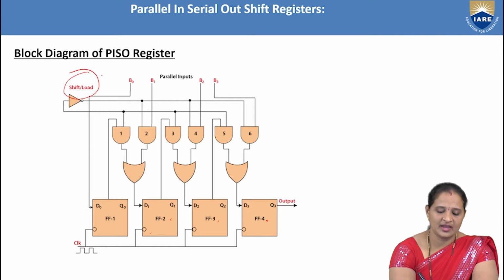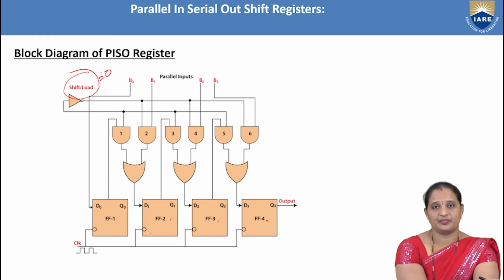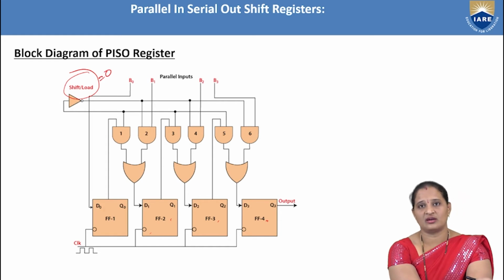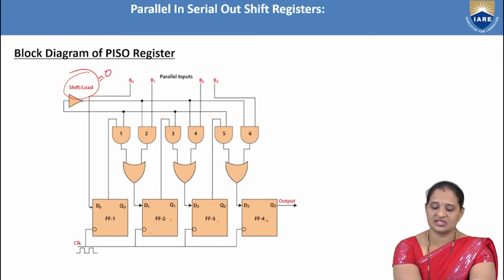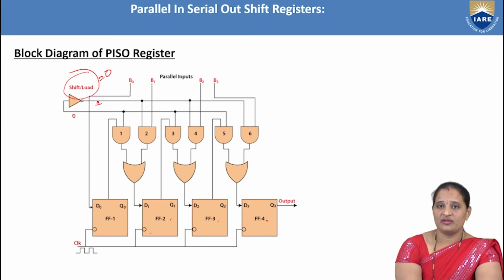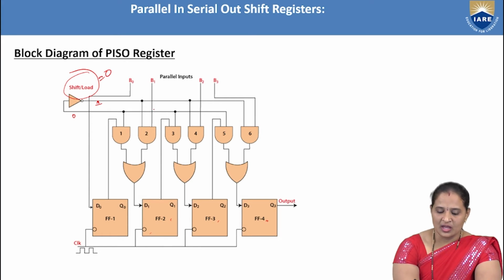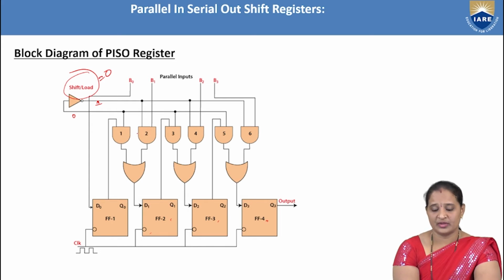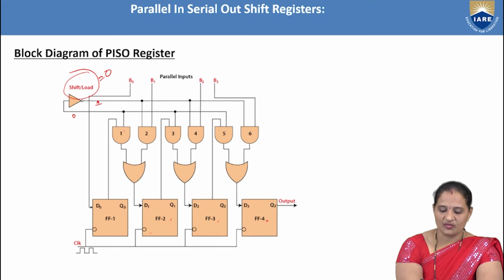For example, if this shift or load is equal to 0, what operation does it perform? Either load operation or shift operation. We'll see now. If it is 0, this line becomes 0, whereas this line becomes 1. If you observe this connection, all the AND gates which are odd numbered, 1, 3, 5, are connected to 0.